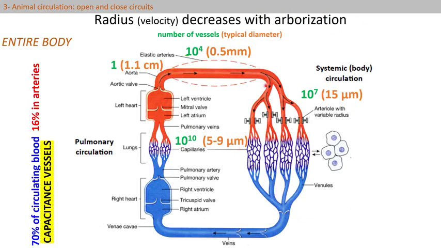We discussed that before, and it's typically the case that you have an arborization of vessels, but because you have more and more vessels, you also have lower and lower diameter. And we'll see that this is extremely important to understand flow through a closed circulatory system. Of course, then the opposite happens: you go from many vessels with small diameter to fewer and fewer vessels with higher and higher diameter.